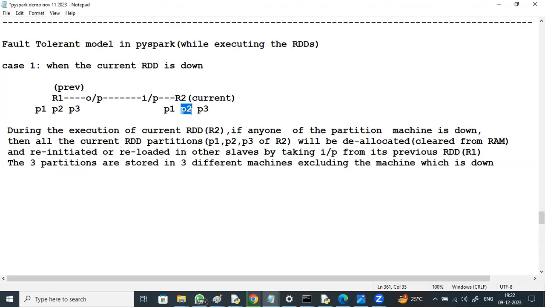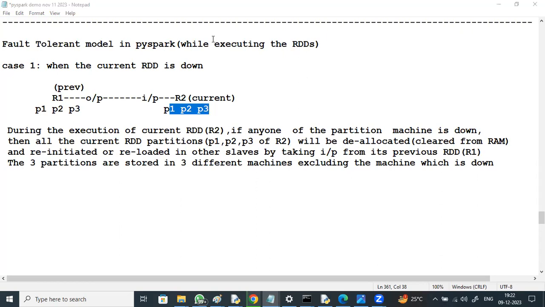Again, the output, whatever you are getting from R1, you recollect it first, and store it in different machines. If you are not clearing this, again it's a waste of memory, right? First clear this and again collect the output, again store this output, P1, P2, P3 again.